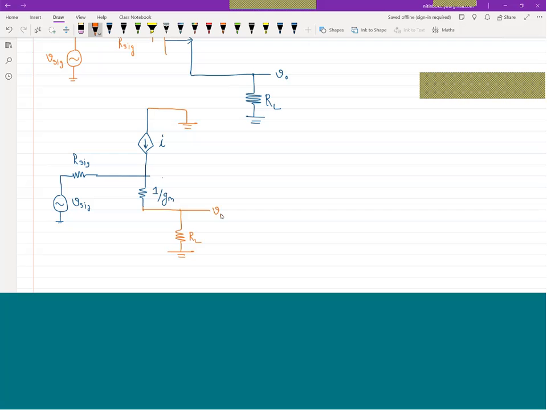This is the whole arrangement. So again, we are interested in the output resistance of this circuit.